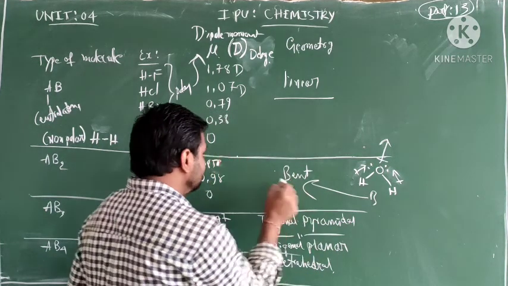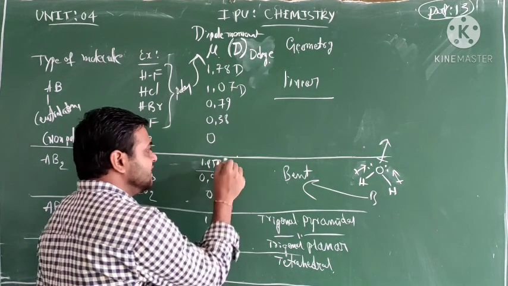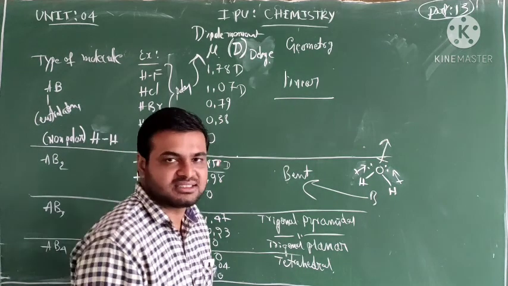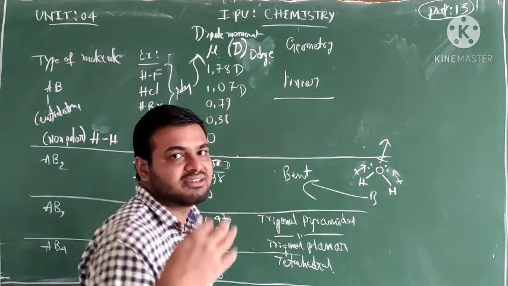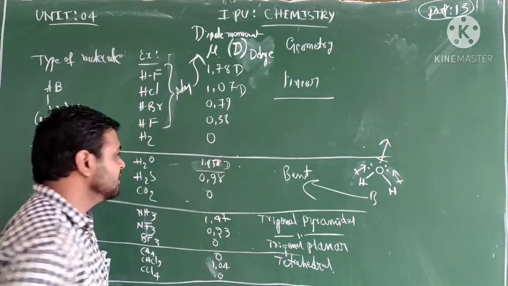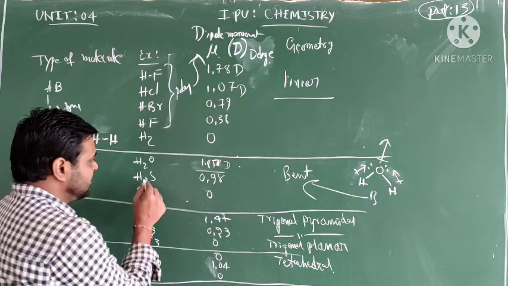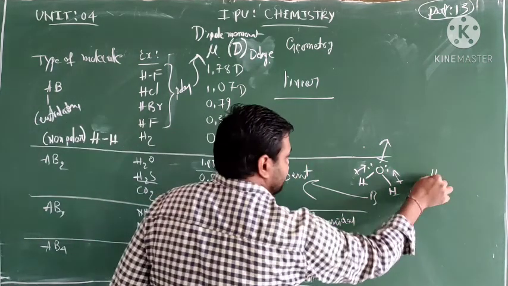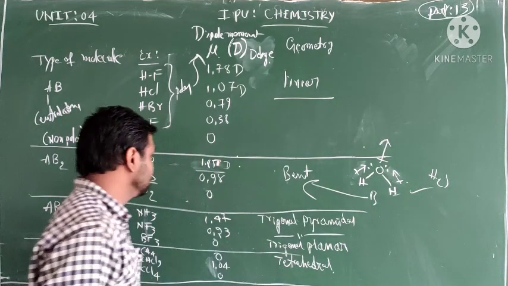So it gives a dipole moment of 1.85 Debye. We already discussed the conversion in the previous classes, so watch those videos. Next, the same case applies to H2S also.